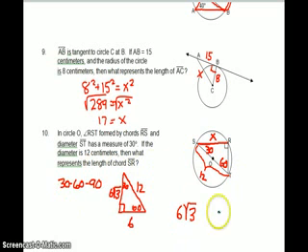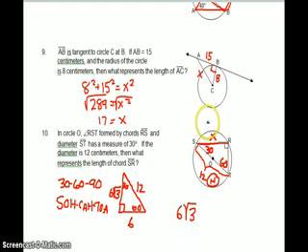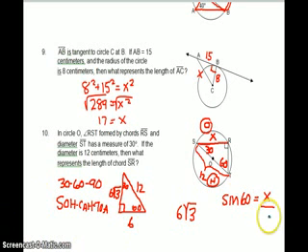You can also work that out using trigonometry or SOHCAHTOA. If we do SOHCAHTOA, we have the angle, we have the hypotenuse, and we're looking for the opposite side. So O and H, we're going to use sine. Sine 60 equals x over 12.